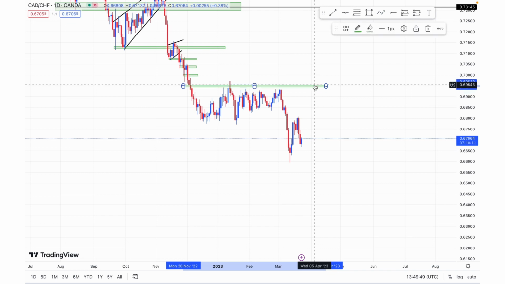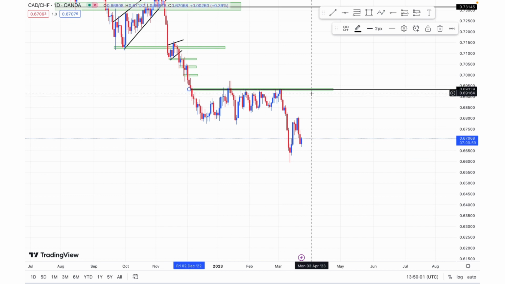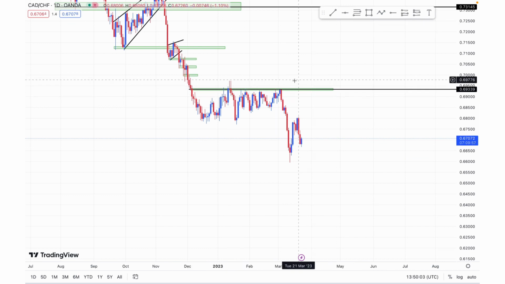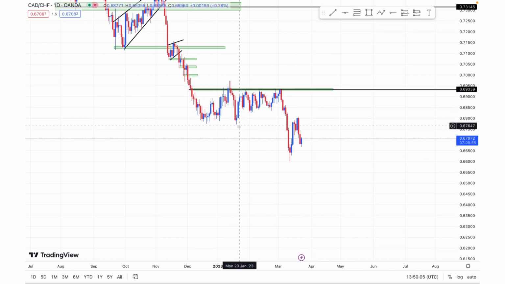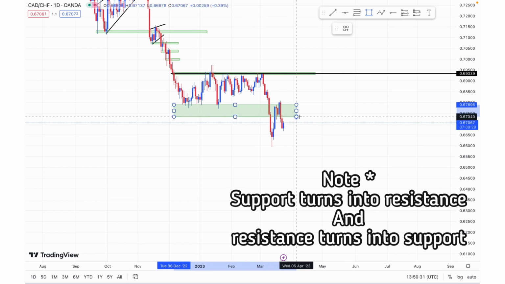We know that we're trending downwards, and this is another consolidation phase. Basically created a level of resistance which the market failed to break out of 1, 2, 3 times, right?